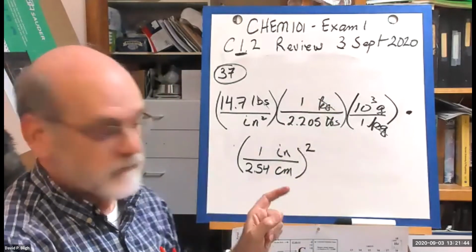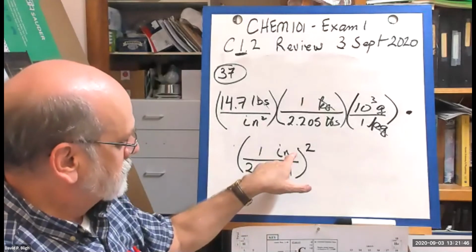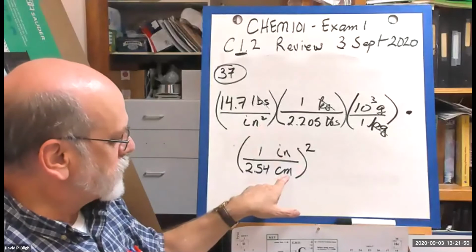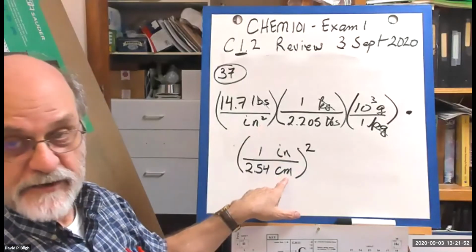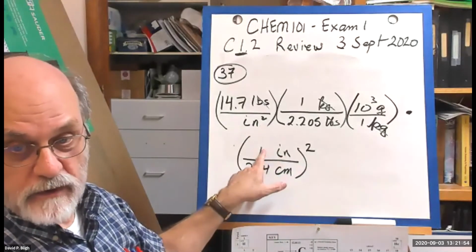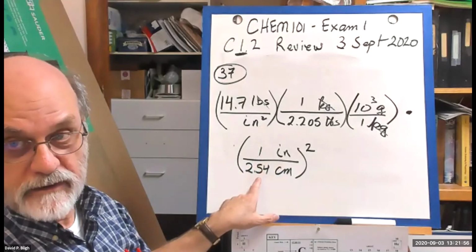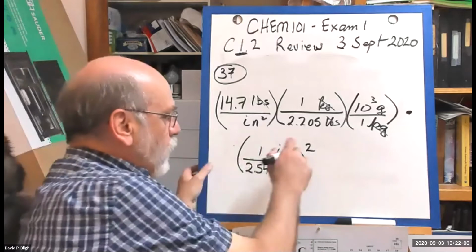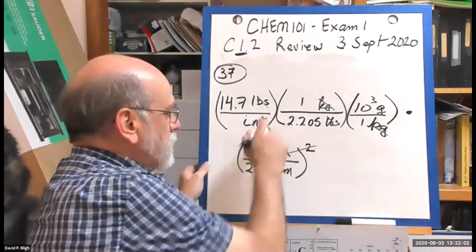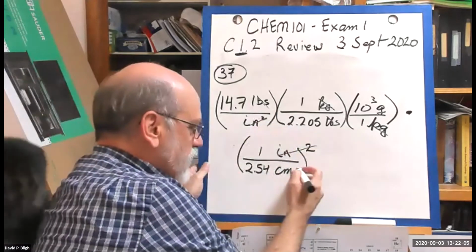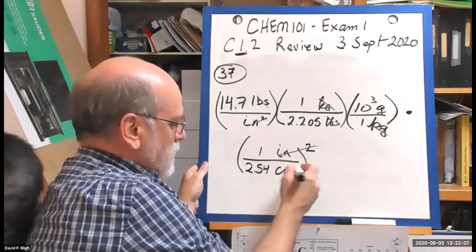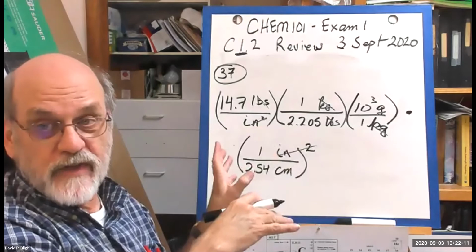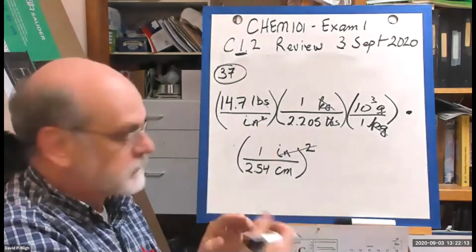What does it do? It squares this one to cancel that one, and it squares this one. But what else does it do? It squares that one, and it squares that one. So that will help us get rid of square inches, but it leaves us with everything else squared. So don't forget to do that if you use this method.